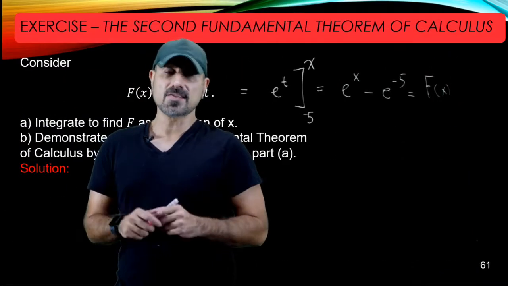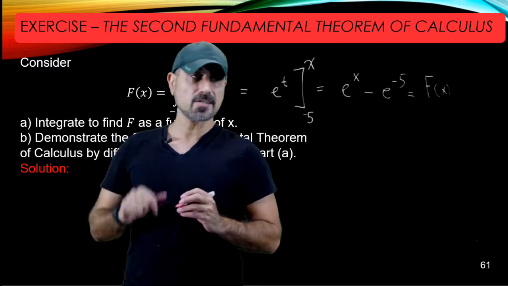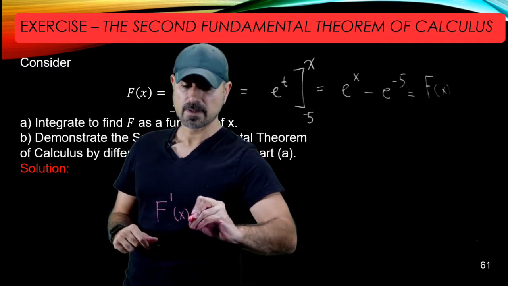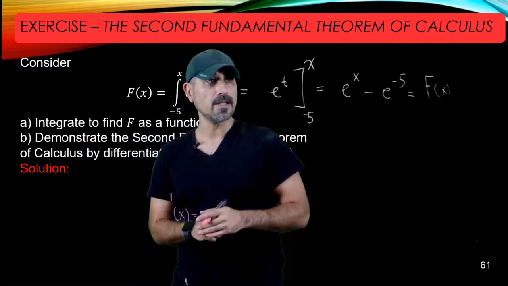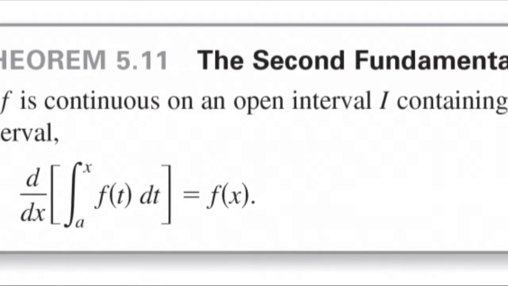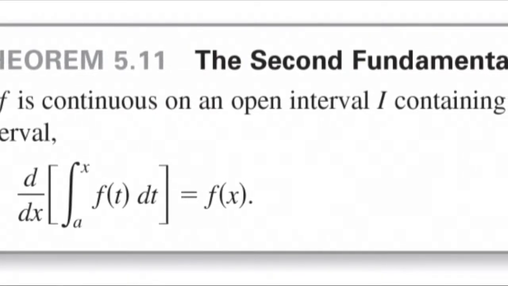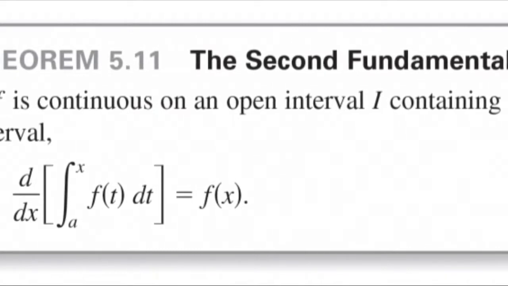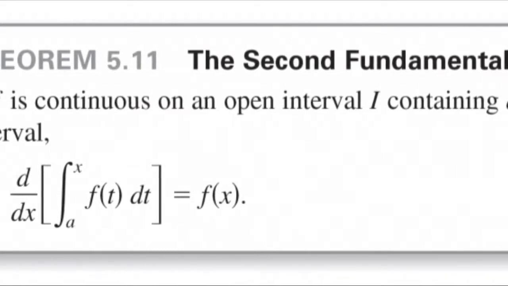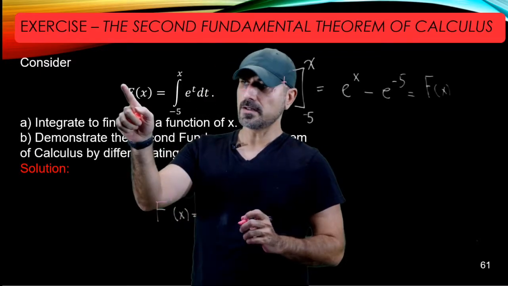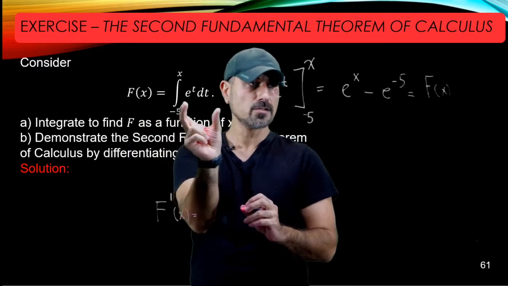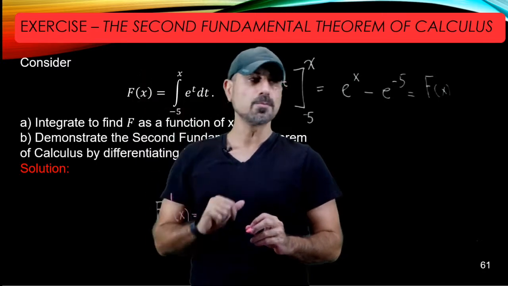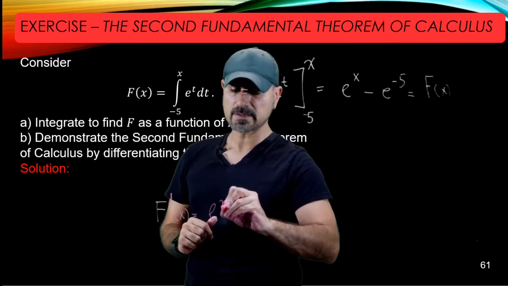I want to remind you about the second fundamental theorem of calculus. Essentially, it says that the derivative of F, if it's defined through an integral, is the function inside the integral, so it's e to the t, evaluated at the upper bound, so it's just e to the x.